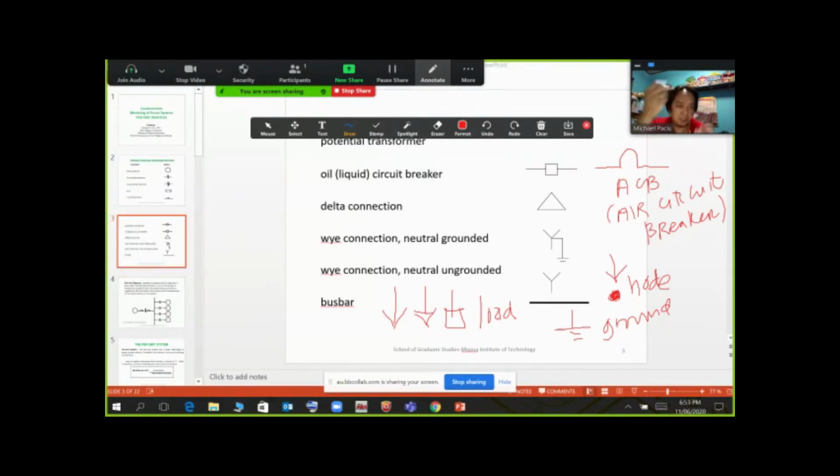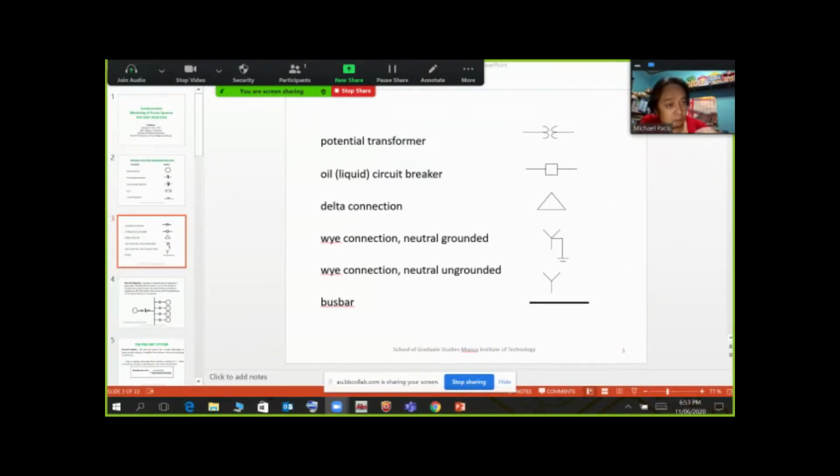Okay, so that they can see the operations, they can analyze the steady state performance. So it's very obvious that it's a very important aspect to know the types of symbols, and then when you integrate them, you can have a single line diagram. Okay, let us clear all of the drawings and let us move forward to this slide.